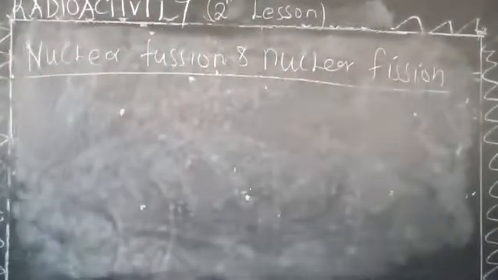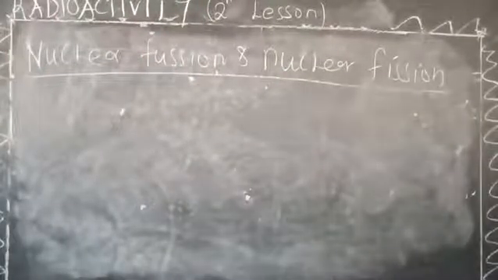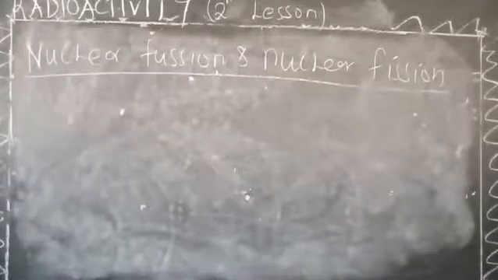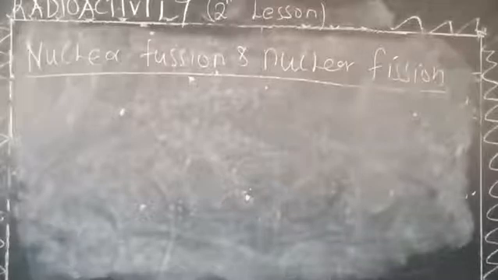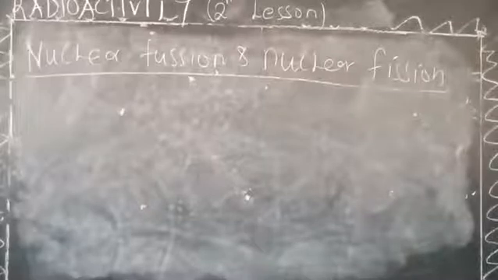When we speak about nuclear fusion, it is a type of reaction that occurs when 2 or more light nuclides combine together, resulting in a single heavy nuclide, and a lot of energy is liberated from that.